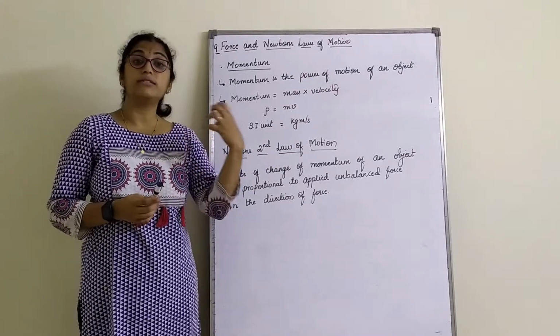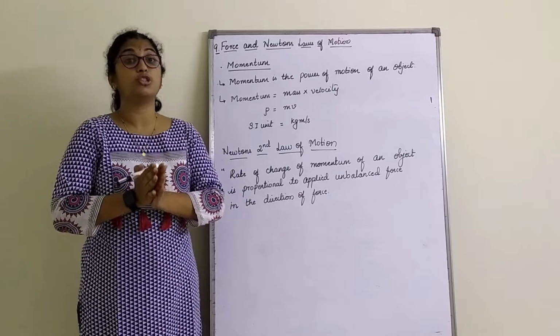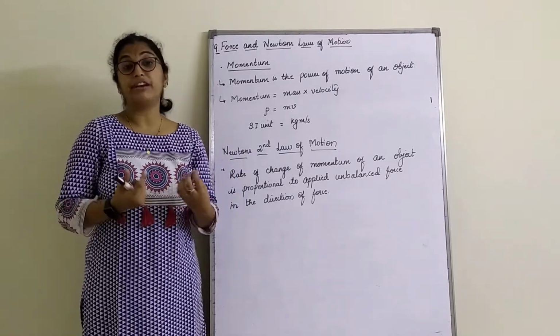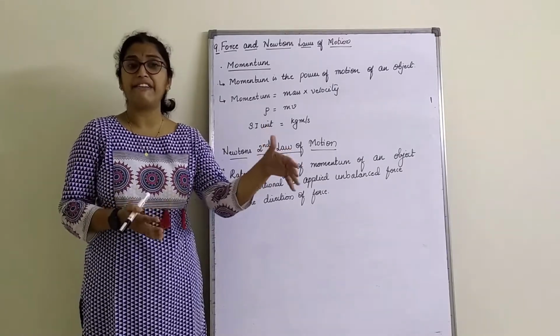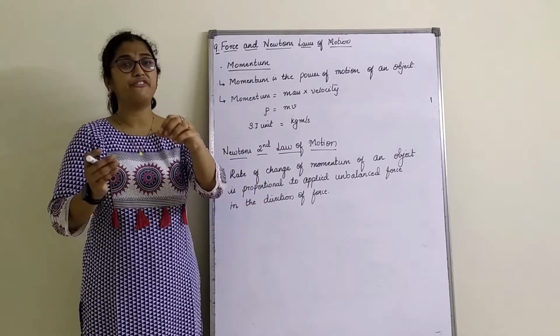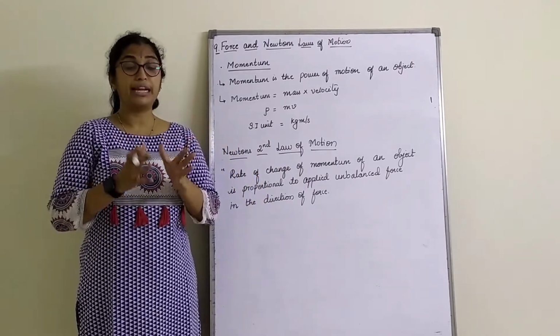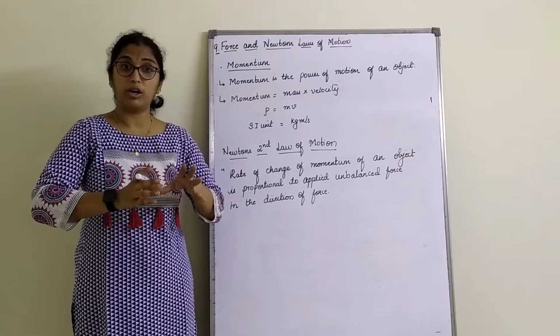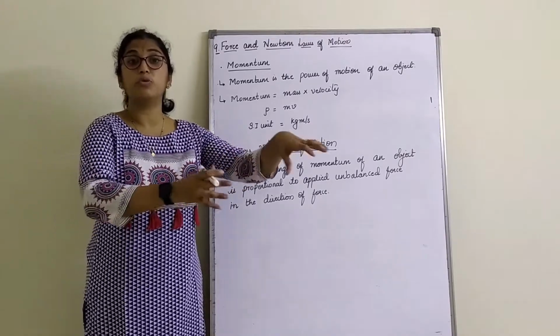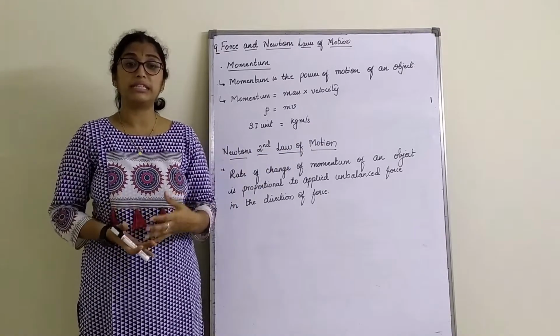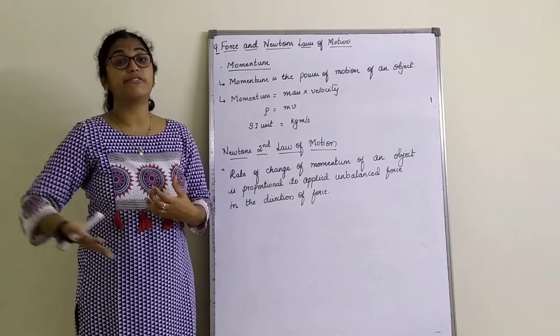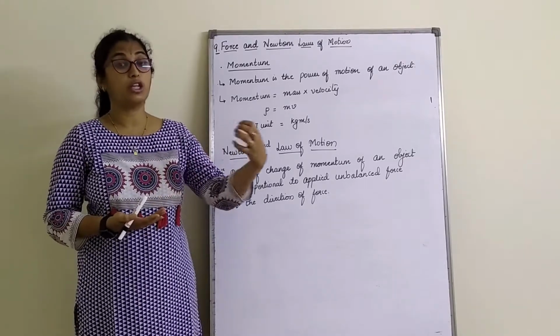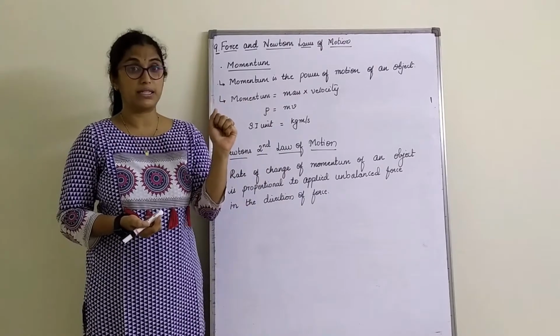But when the object is traveling, there is another thing which is more important. If I have a heavy carton box and a very light carton box, and I apply equal velocity, which will move with a faster velocity? Of course, the object with the lighter mass, correct?